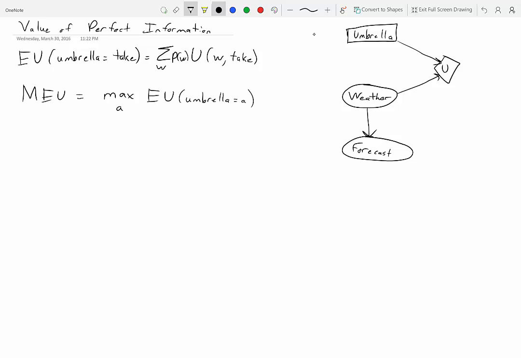So now that we have maximum expected utility defined, we can talk about VPI, which is the value of perfect information. So on a high level, it's what's the value of knowing a chance variable.